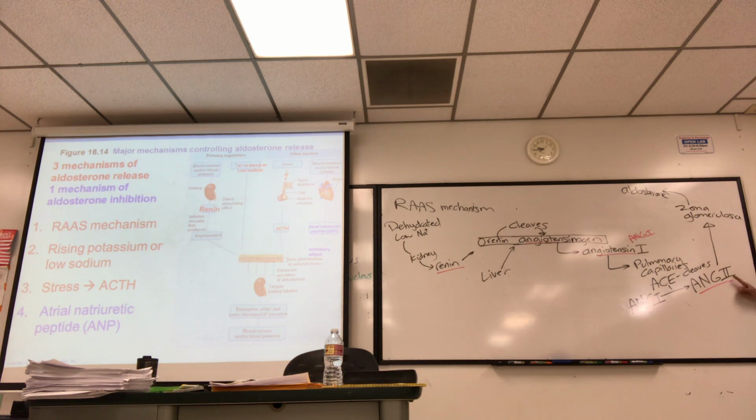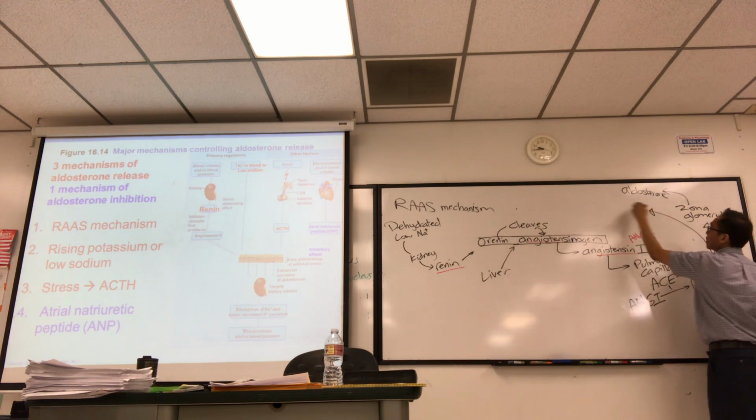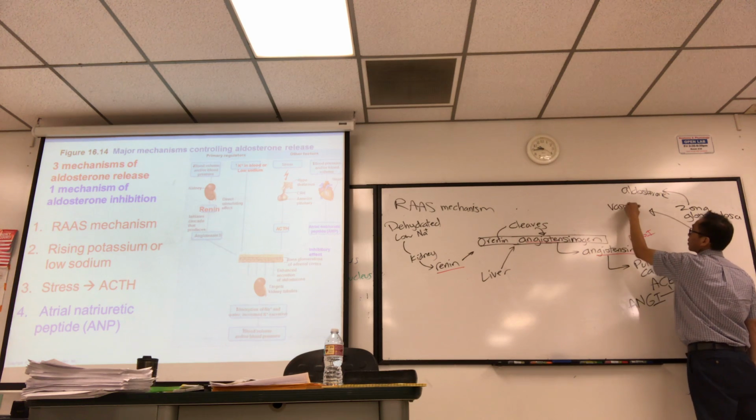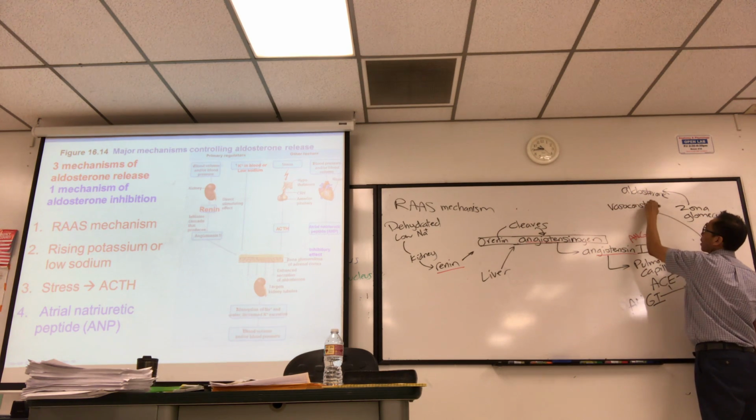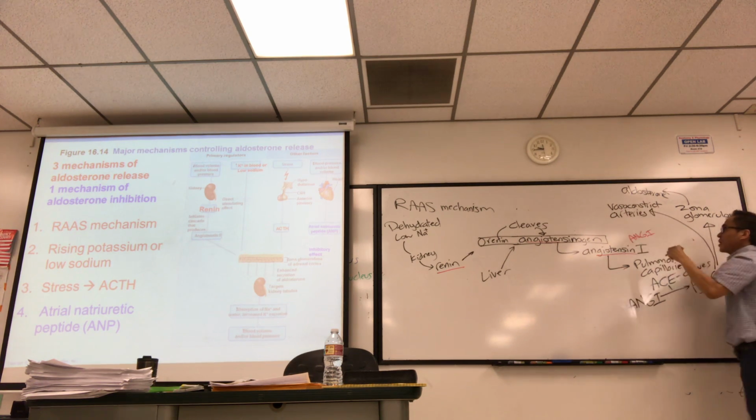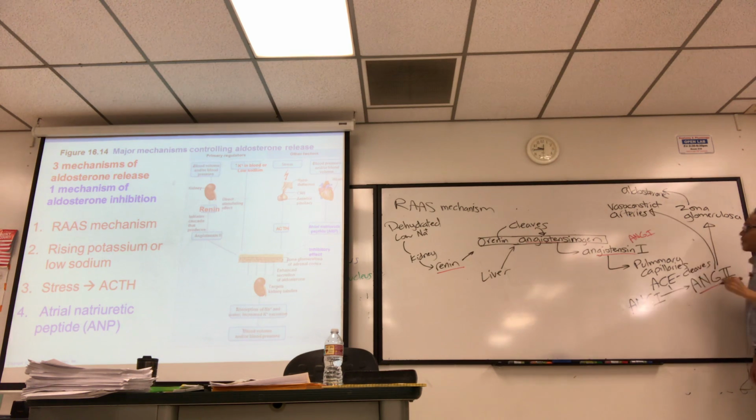However, before I leave angiotensin 2, it has a direct effect to increase blood pressure by vasoconstricting arteries. So there's another line from it. Vasoconstrict arteries. That has the effect.